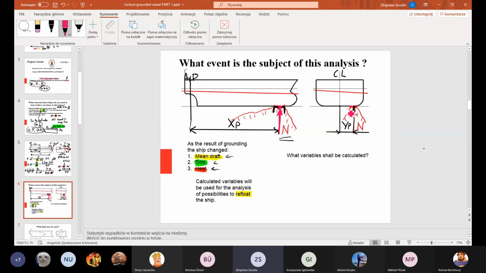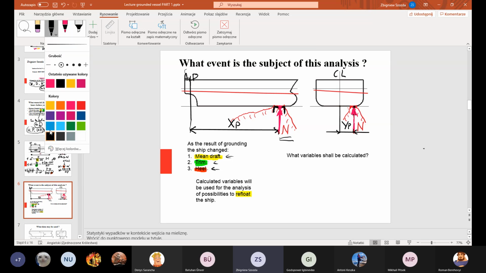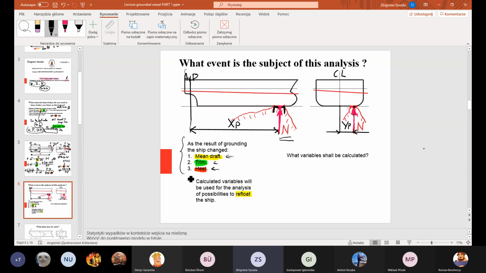And the second drawing shows how far our force acting on the ship hull is from the center line, and it is yp. xp and yp, and the force itself. So the question is, after grounding, we know that the result of the grounding is change of the mean draft, trim and heel.